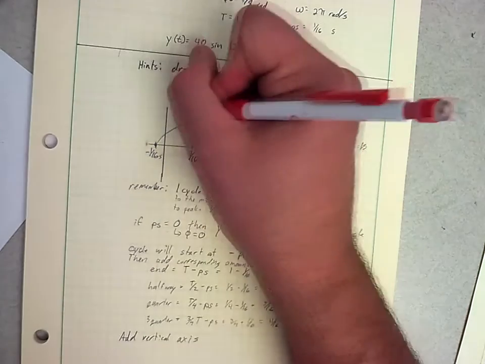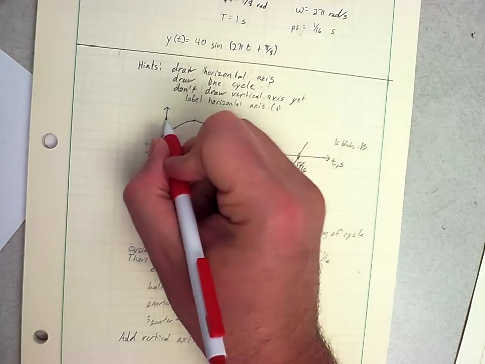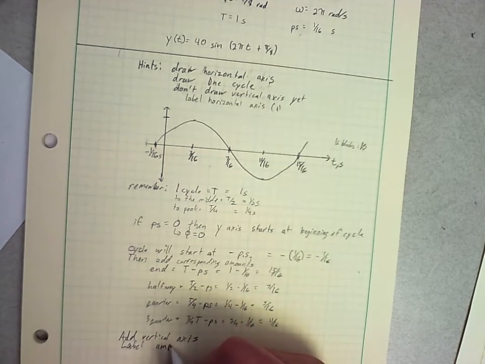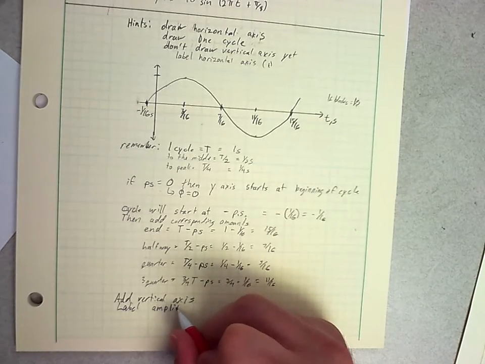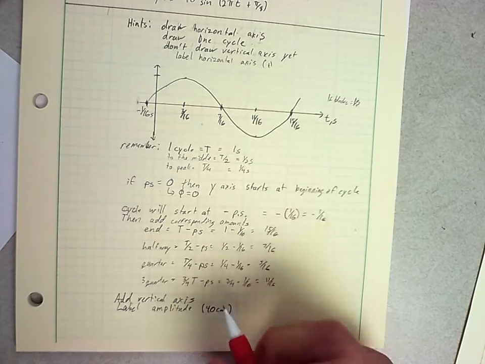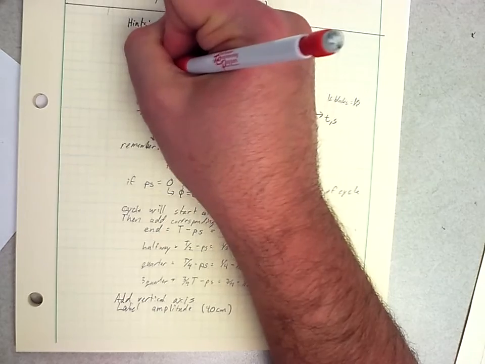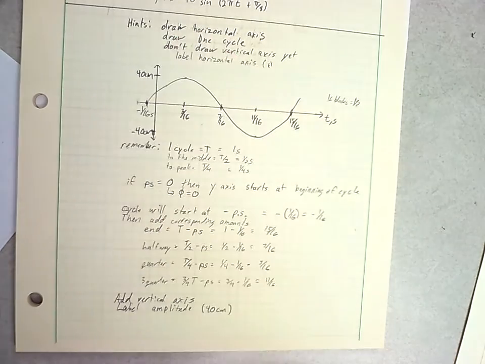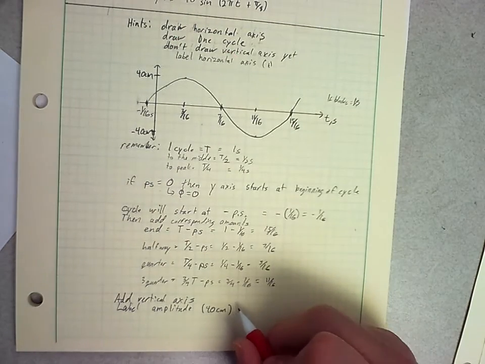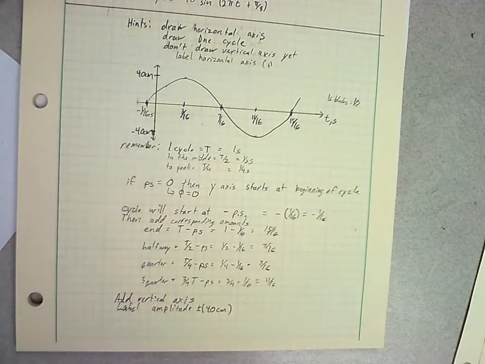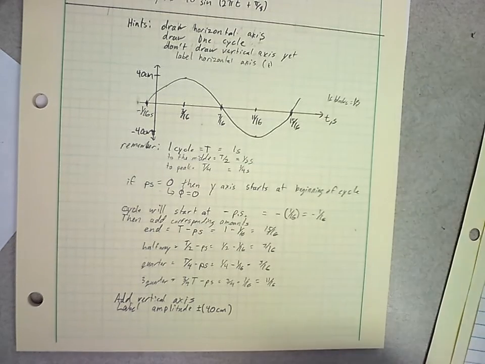And so I can put that vertical axis in there. I know this maximum point, so I can label the amplitude. This is at 40 centimeters, and the farthest it goes down is at negative 40 centimeters. So I do the positive and negative part there. And that's really got all the sketch.